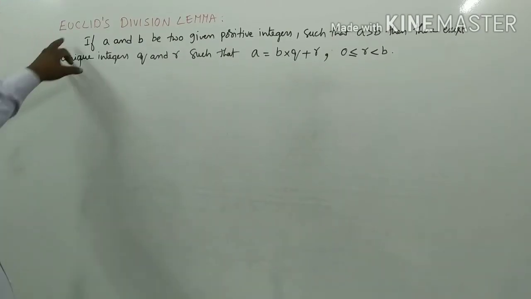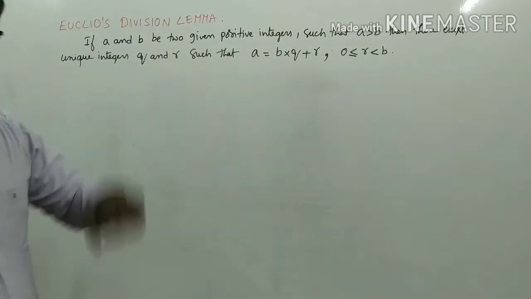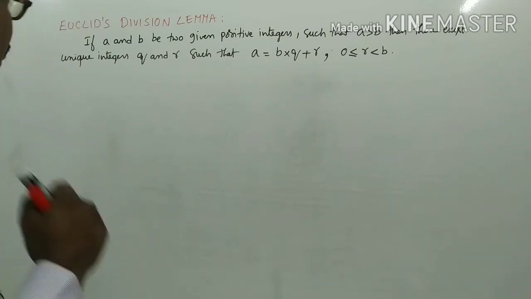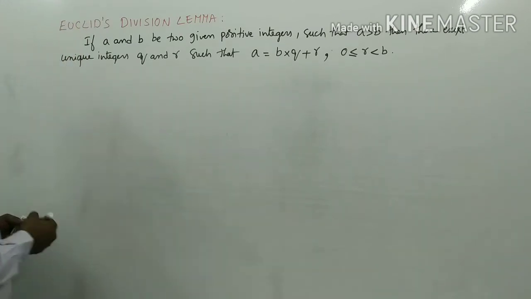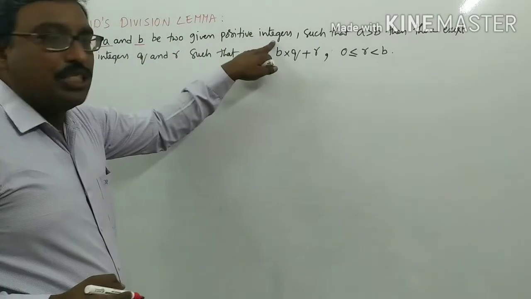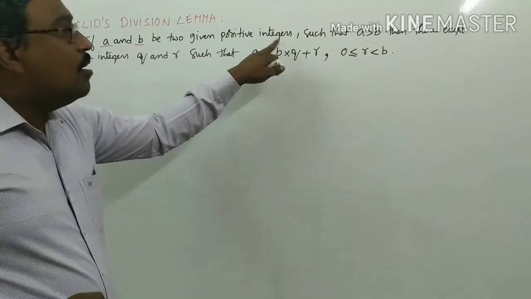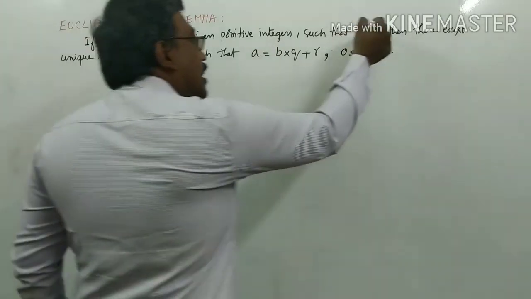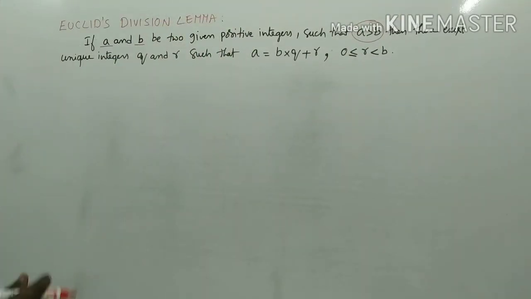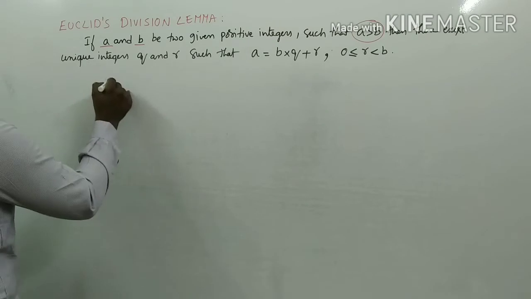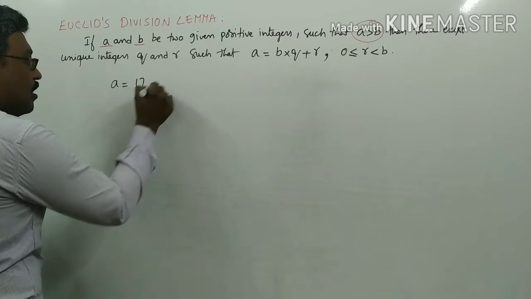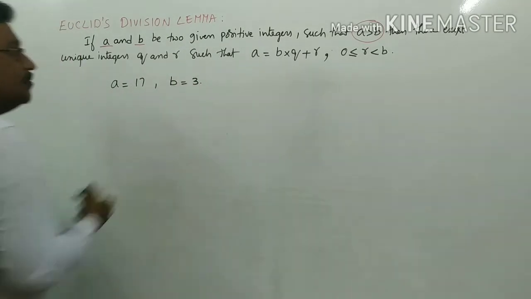The next thing is Euclid's division lemma. Euclid is a mathematician. He proved a division lemma for us. That is, if A and B are two given positive integers such that A is greater than B, suppose I take A is equal to 17, B is equal to 3.